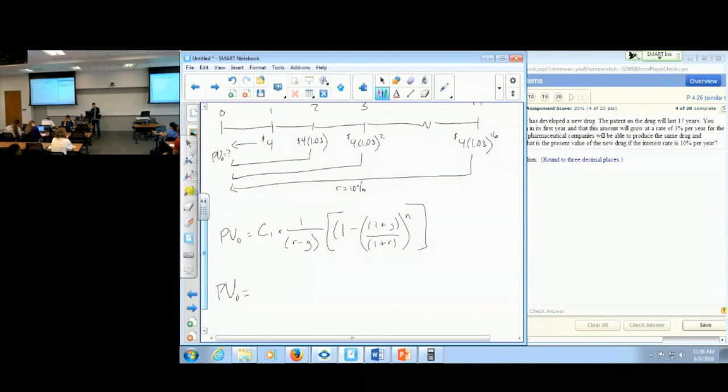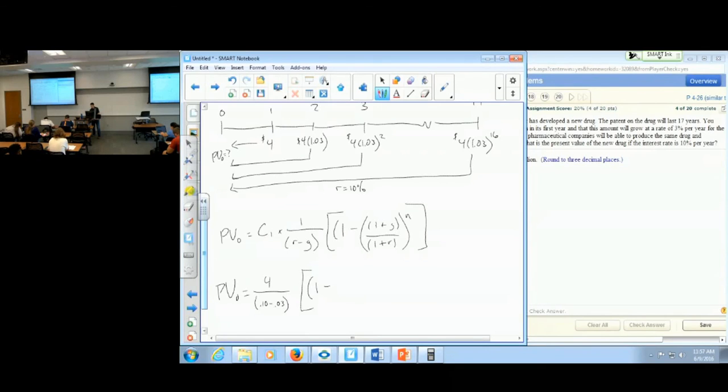All right, so let's plug in what we know. That first cash flow is $4 million. That's going to be divided by my discount rate of 10%, minus my growth rate of 3%. All right, and that is going to be multiplied by the quantity. I'm going to save myself some potential missteps in typing this into the calculator by doing some addition when I write it down.